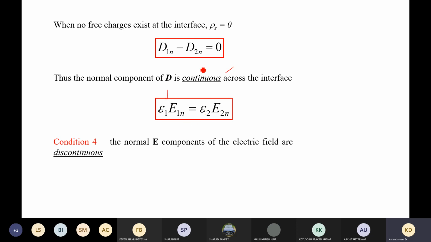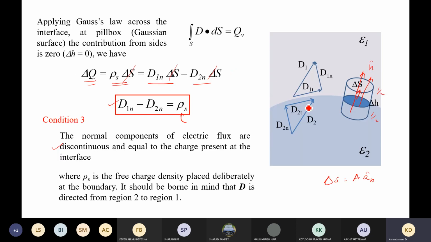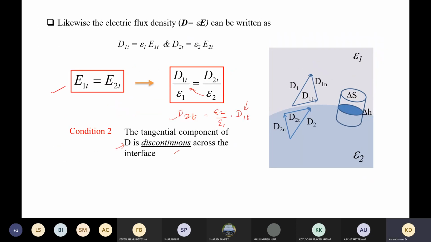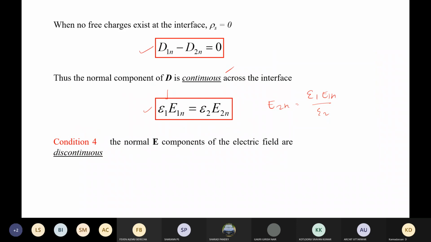So here, this is in terms of the flux density. Now in the field form, we can write E2N is nothing but epsilon1 E1N divided by epsilon2. This is the normal component. You can find a clear difference between these two things. So for this normal component, definitely both are not the same.